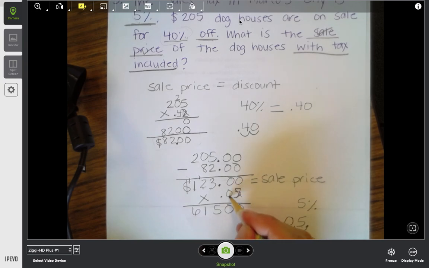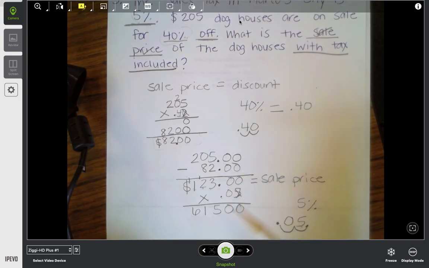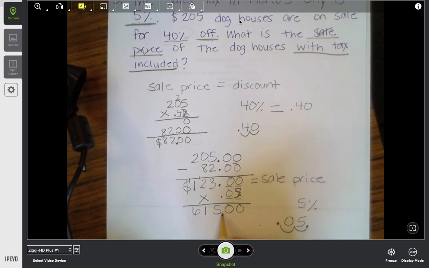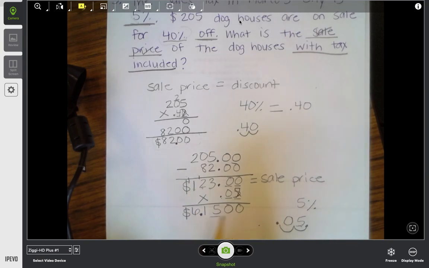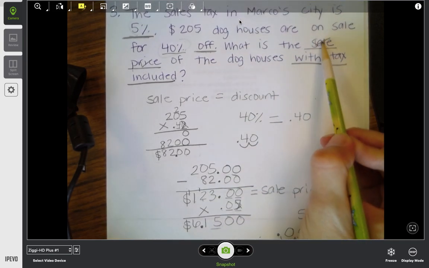So I finished that. This is just going to equal a bunch of zeros. Now I just have to put in my decimal. I had 4 digits that came after them. And when I think about money, I know that money stops at the hundredths place. So I'm going to be paying $6.15 in tax.